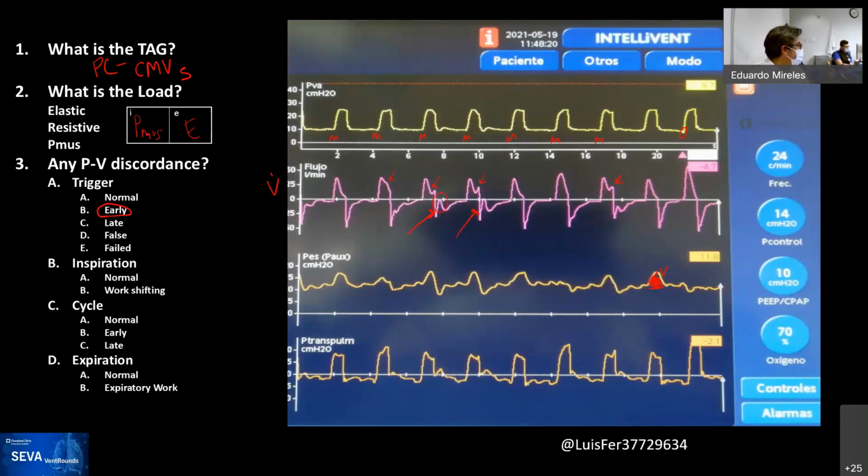We're not going to call it early cycle. Let's call this an early trigger. We wouldn't call it early cycle, because we know that inspiratory effort happening in expiration is secondary to the early trigger, not secondary to an early cycling problem.